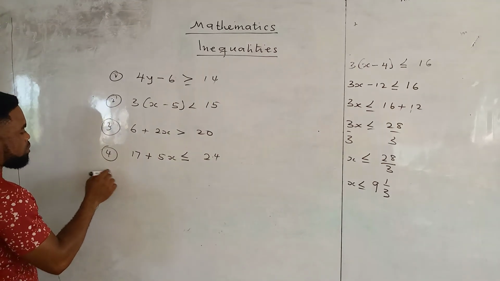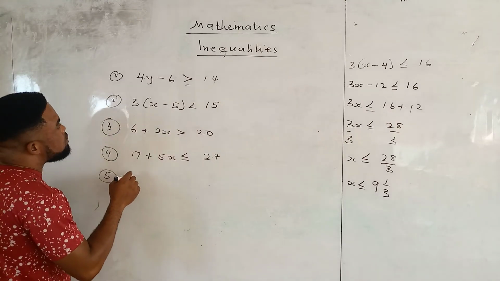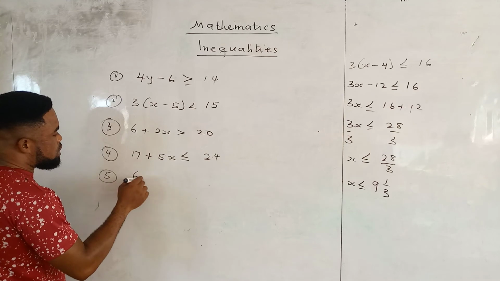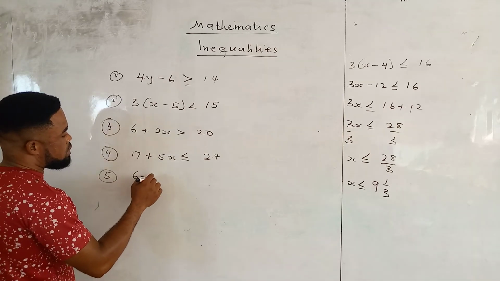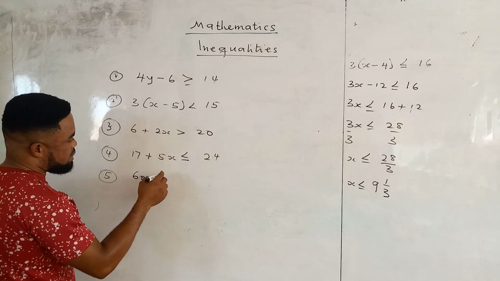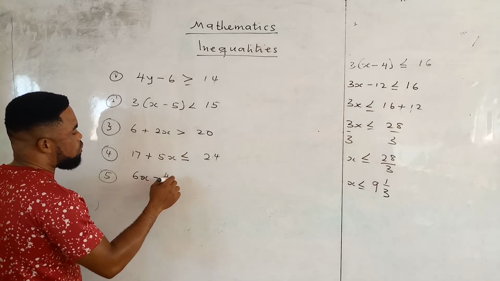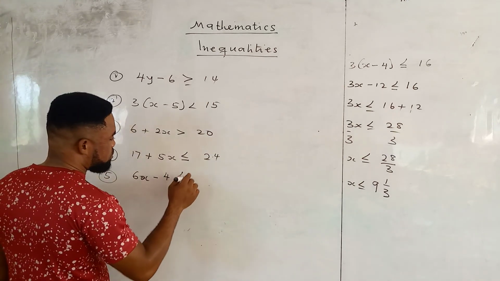Then the last one, number 5, 6x minus 4 less than 26.